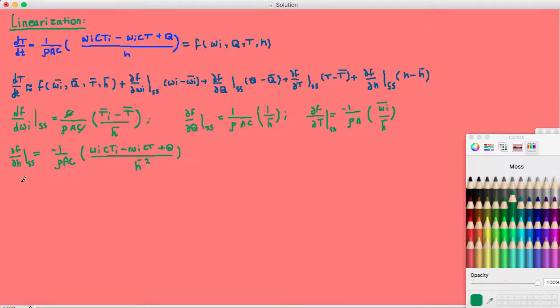Also we know that f at a steady state, with omega I bar, q bar, T bar and h bar, would be 1 divided by rho A C multiplied by omega I bar C T_I bar minus omega I bar C T bar plus q bar, divided by h bar.